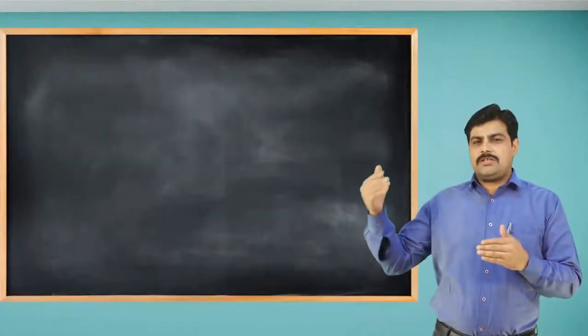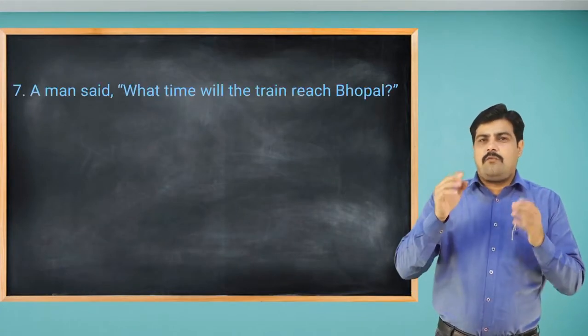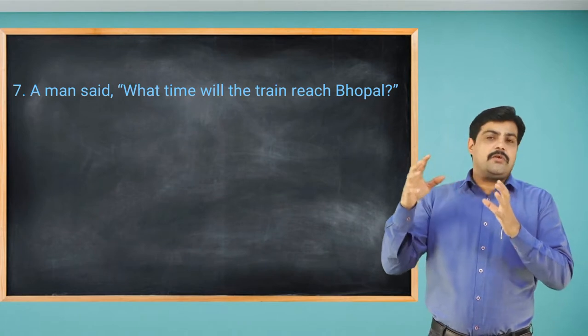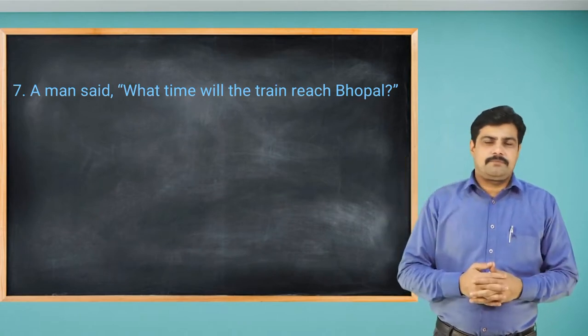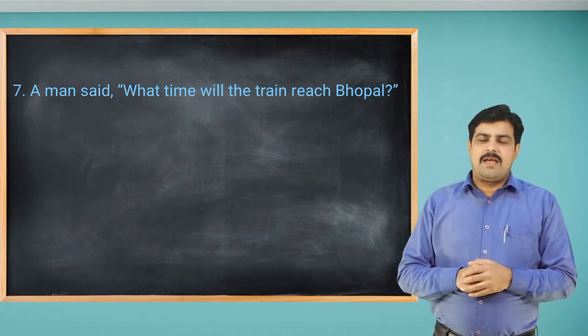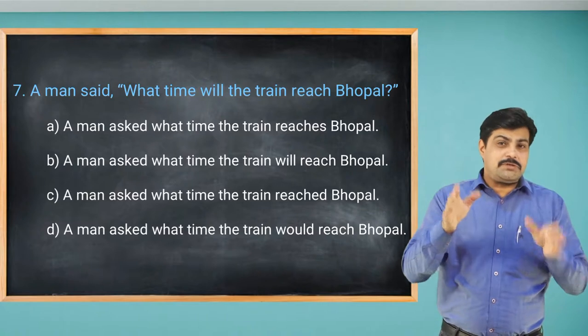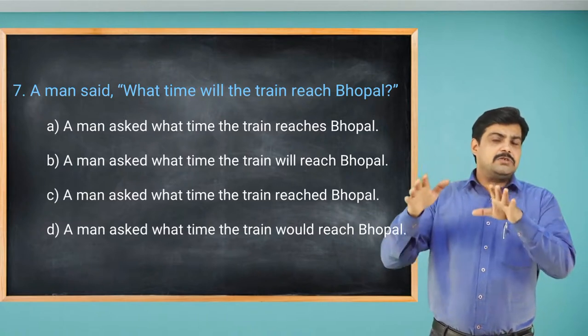Let's see another sentence on the screen. A man said, "What time will the train reach Bhopal?" Can you opt for the right option? Simple. Reported verb is in past, so said will be changed into asked.